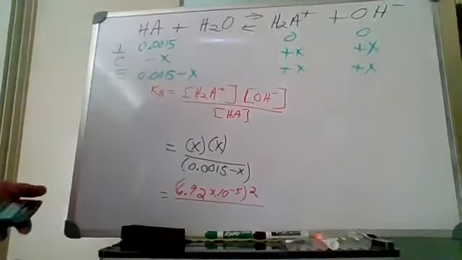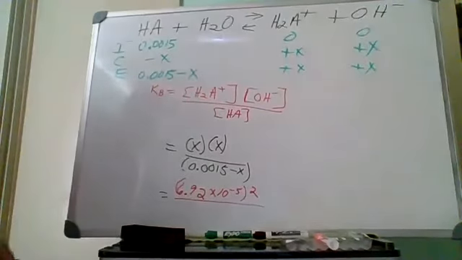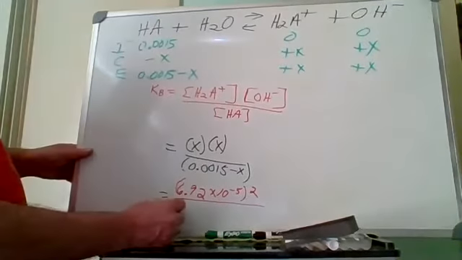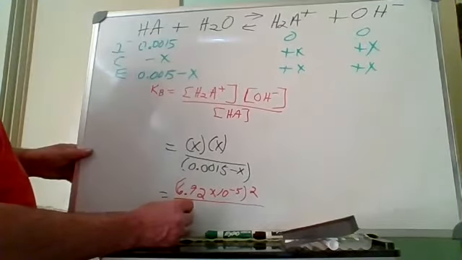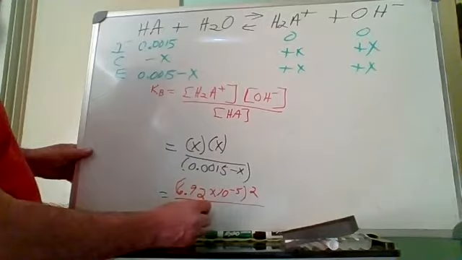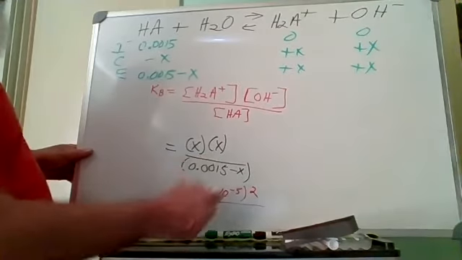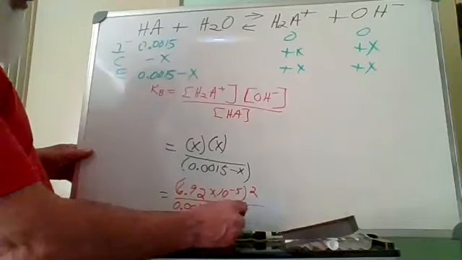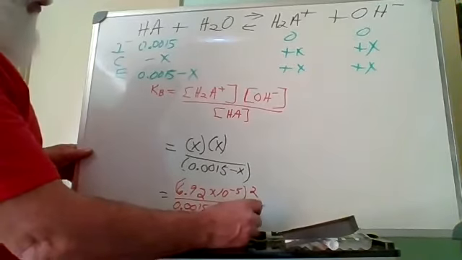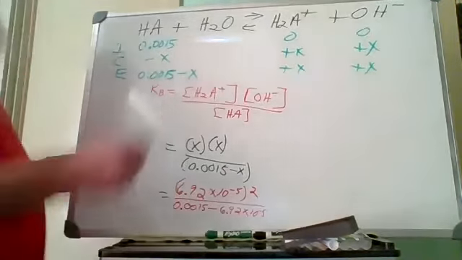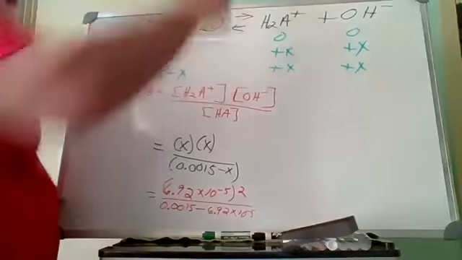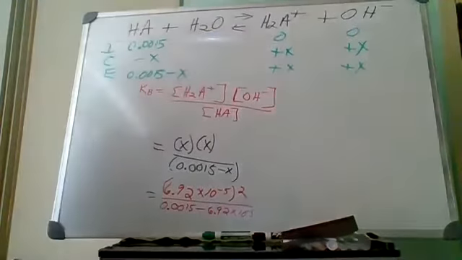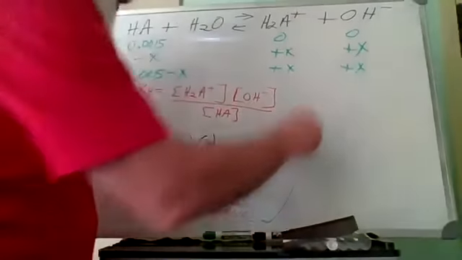All right, I ran out of room, so I don't have any choice here. But you shouldn't be cramming everything together. Then divided by 0.0015 minus x, which is 6.92 times 10 to the negative fifth. That's our Kb. All right, so now I've run out of room. So I'm going to bring it up to here.